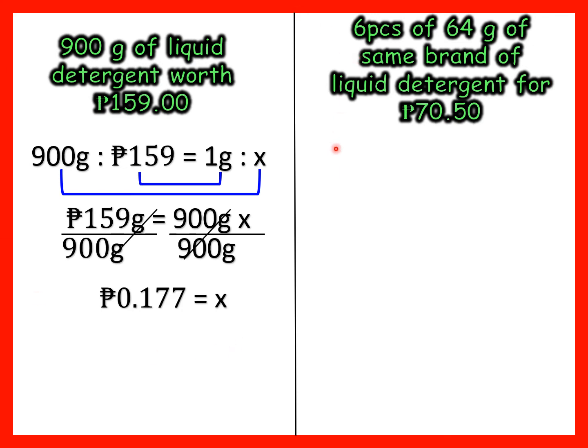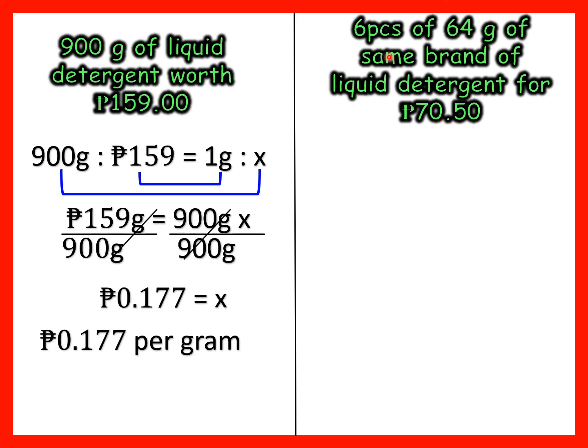Okay, so let us work on the other side. That's 6 pieces of 64 grams of the same brand of liquid detergent for 70 pesos and 50 centavos. The first thing to do here is to multiply 6 by 64 grams, since for each sachet of this liquid detergent, the size is 64 grams and the amount is 70 pesos and 50 centavos, but there are 6 pieces of that.